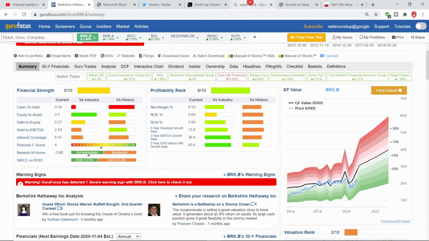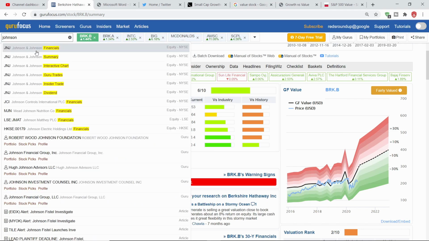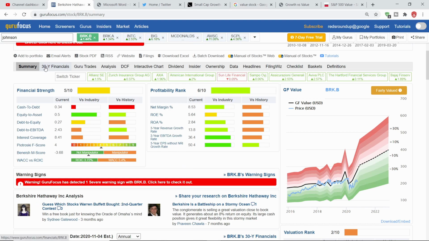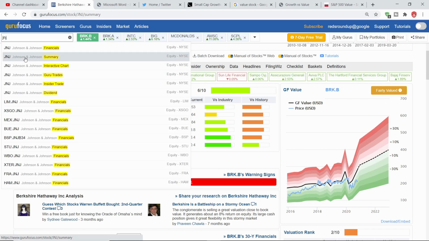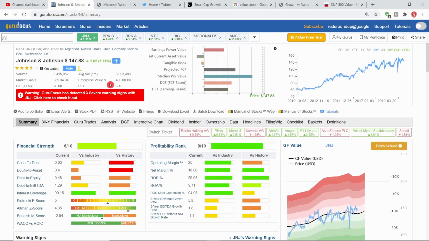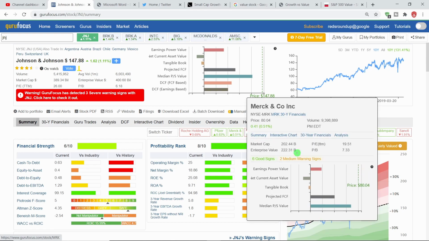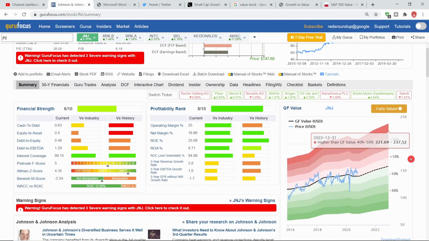Let's look at one of the other ones. Let's look at Johnson & Johnson. This will be an interesting one because this is different than the Berkshire Hathaway pick. This is a biotech type pharmaceutical company that has operations in very different areas than Berkshire Hathaway.